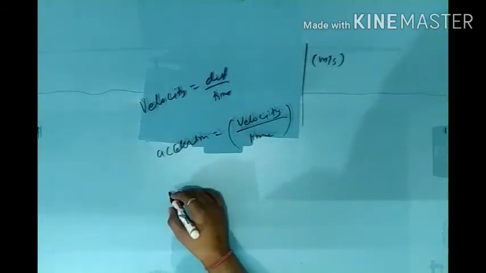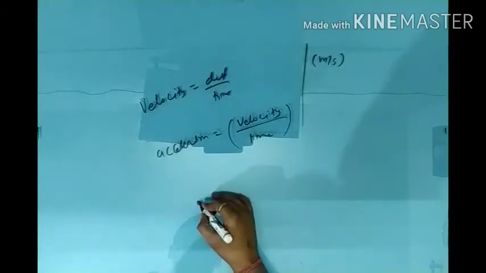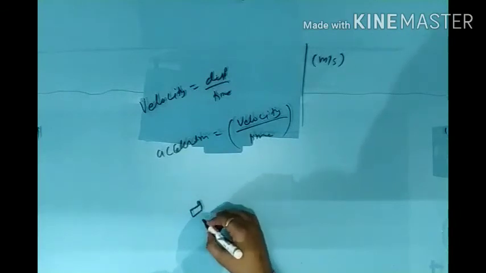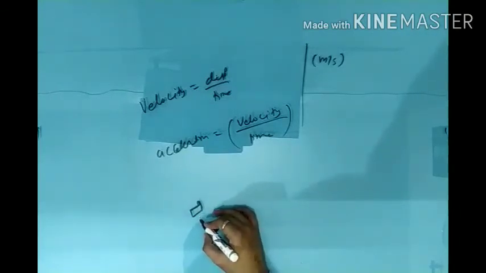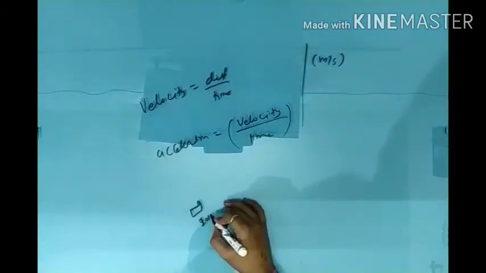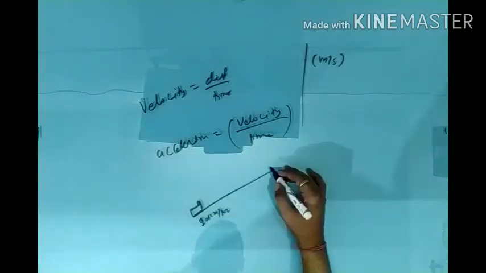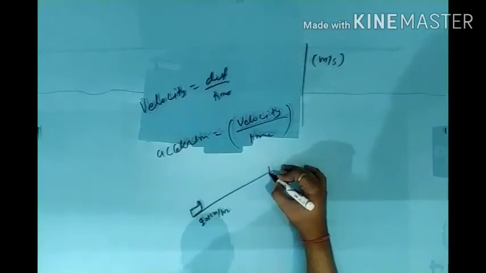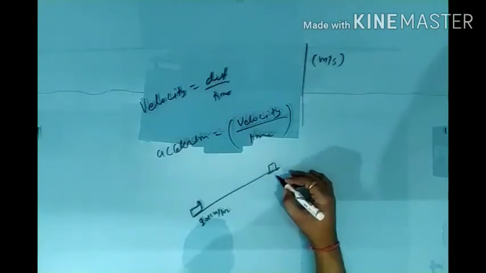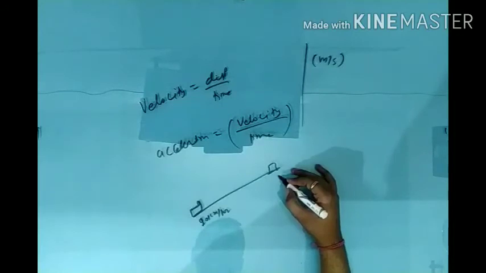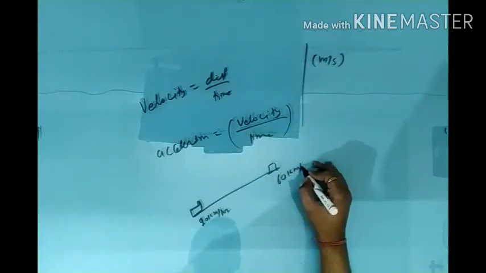So to calculate the acceleration, suppose a person is sitting in a car moving constantly with the speed of 20 km per hour. Then he just accelerates his car. Then after few seconds its speed or velocity becomes 60 km per hour.